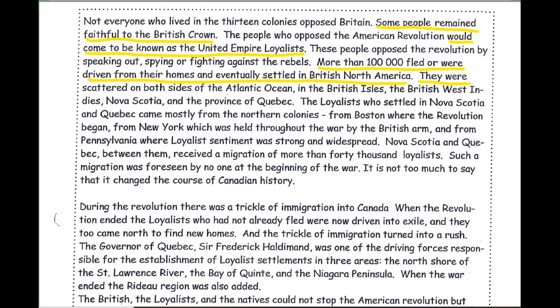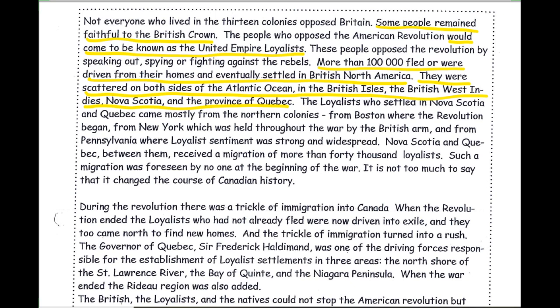They were scattered on both sides of the Atlantic Ocean in the British Isles, the British Northwest, or the British West Indies, Nova Scotia, and the province of Quebec. So this is where they all had to go. They all fled their homes because they were loyal to the crown and the colonists were not.